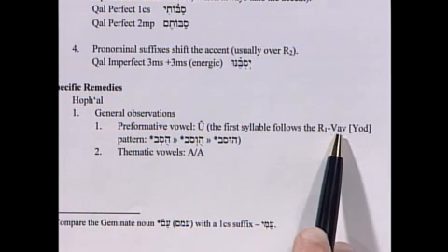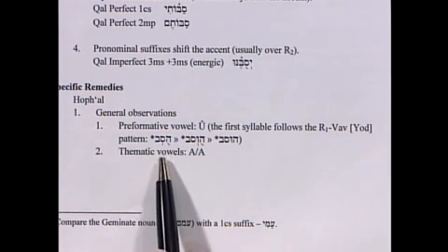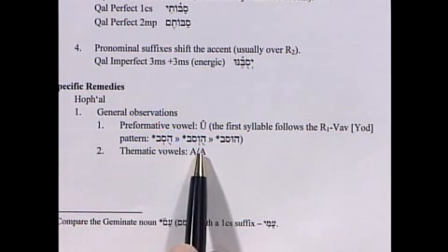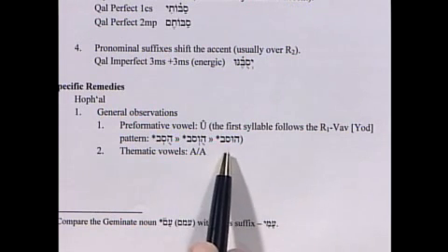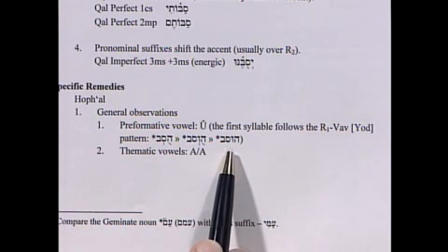But now we want to do specific remedies, and the first one we want to do is the Hafal. And again, the Hafal is not too bad, because again, the Hafal is going to really become an R1 yod original vav verb, you see. And so again, we're going to have this contraction of uw becoming a long u.